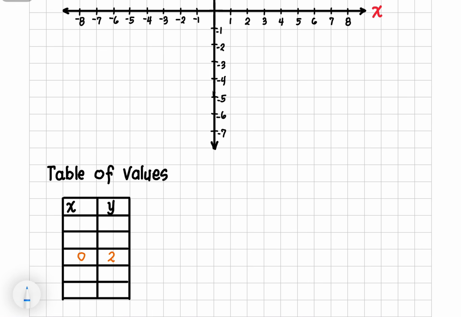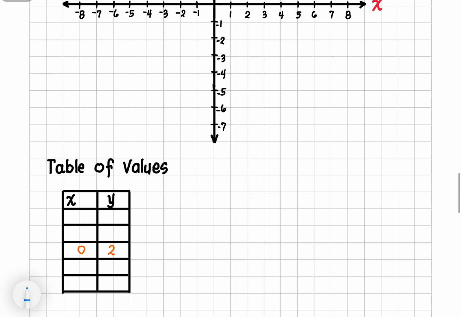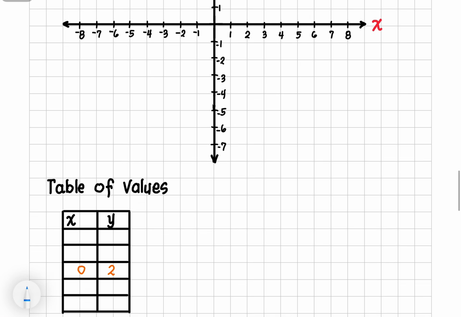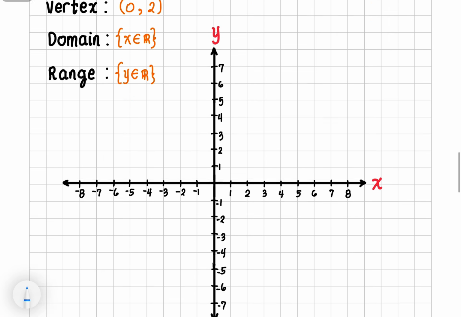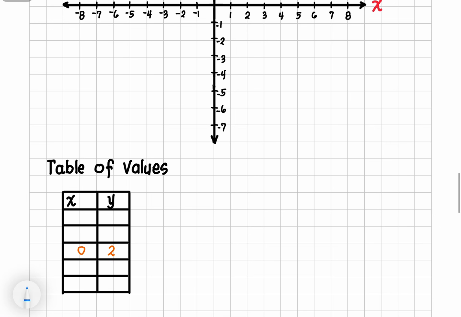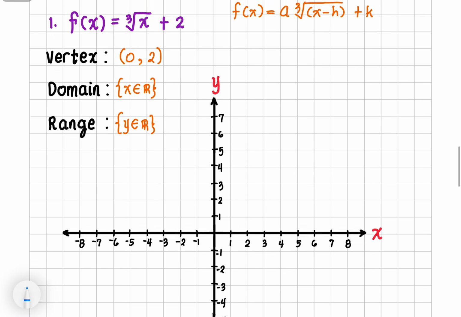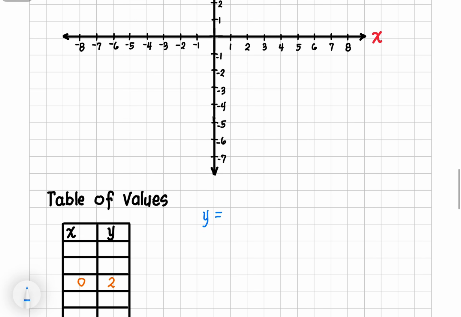Okay. So here, we can also take negatives. Since this is our given function, let me write it first. We took our original function, and we can write it as y. So, y now is equal to the cube root of x plus 2.